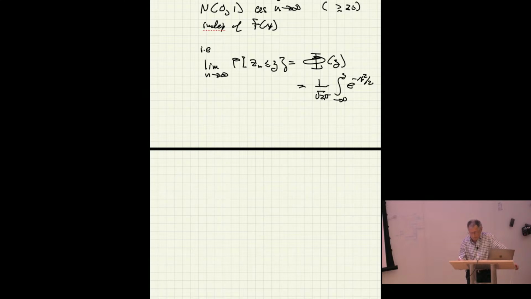That's a normalized Gaussian dx. Okay. We could prove it if you want, but it takes too long. You can find it in any textbook. Realize that we know something about the limit of a large number of random variables. It's a very powerful theorem.